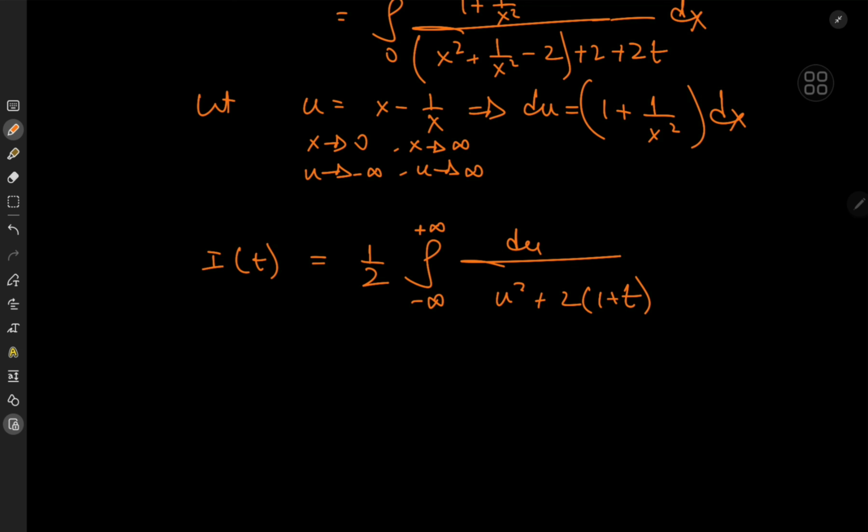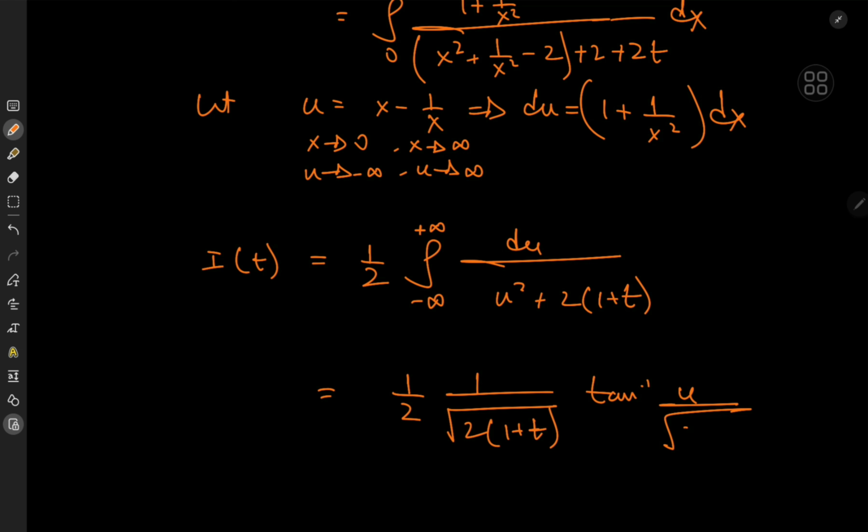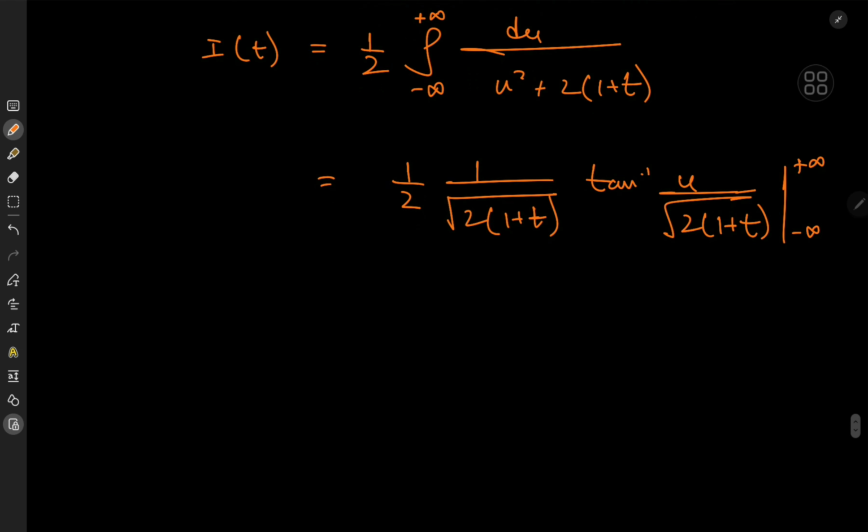And now we have the familiar arctangent integral, which sorts out to 1/2 times 1 over root 2 times 1 plus t, times arctangent of u over root 2 times 1 plus t, with the limits being negative and positive infinity.